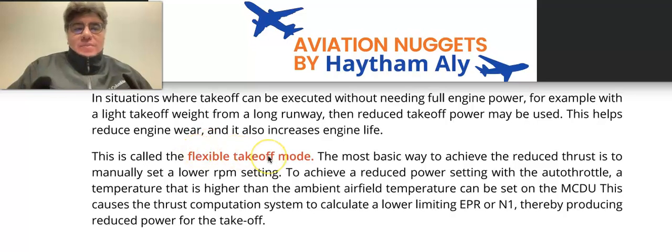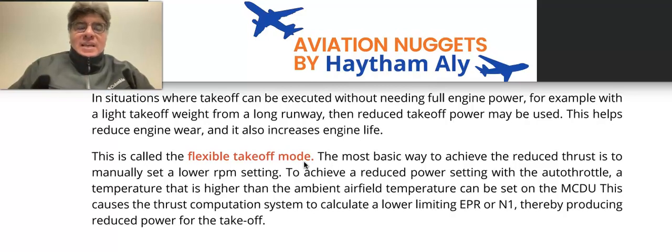Flexible takeoff. We always hear about a flex takeoff using engine power. In that case, the pilot, through the multi-purpose control display unit or control display unit, enters an ambient temperature greater than the outside ambient temperature.